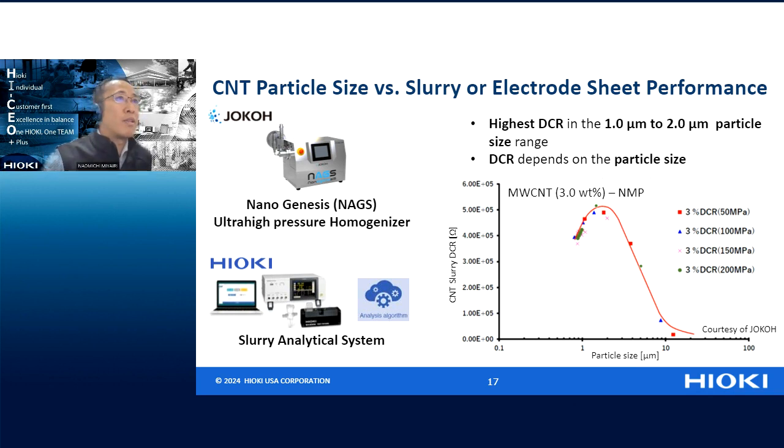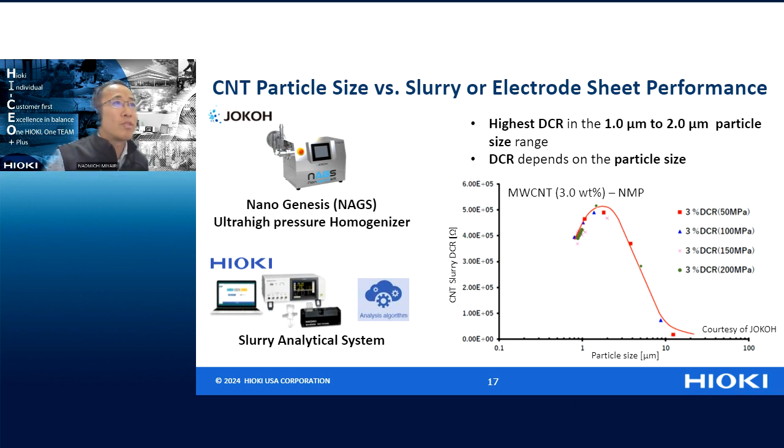We applied 50 megapascal, 100, 150, 200 megapascal to make different size CNT. And we prepared slurry samples with NMP and tested those with a slurry analytical system.